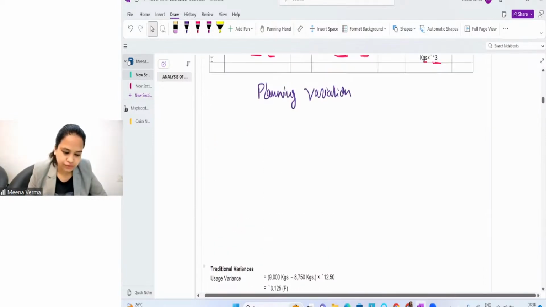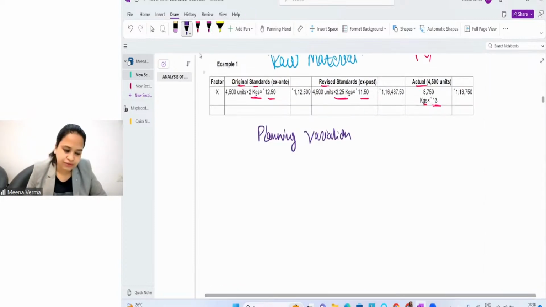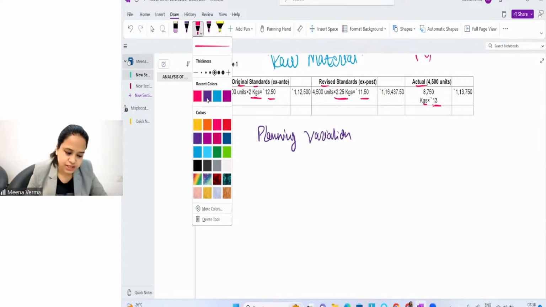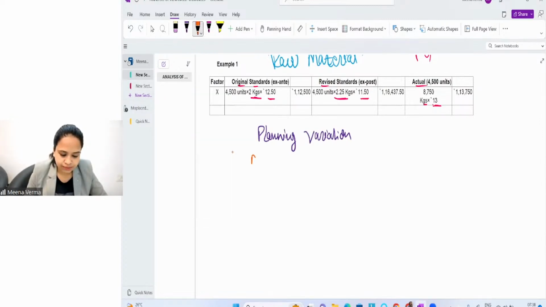I told you that we calculate everything. Like in planning variation, you can calculate both the usage variance and the price variation. So material planning usage variance.